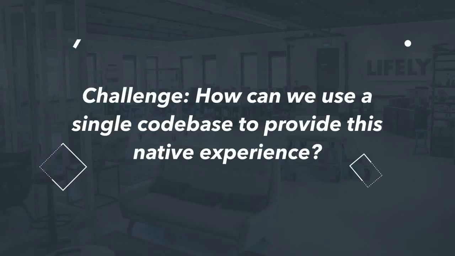So, now the challenge. How can we use a single code base to provide this native experience? Because we still wanted this single code base that we could work on and ship to two different platforms. So I will now explain a bit how we approached this the first time, and then after that I will explain how we improved on that.